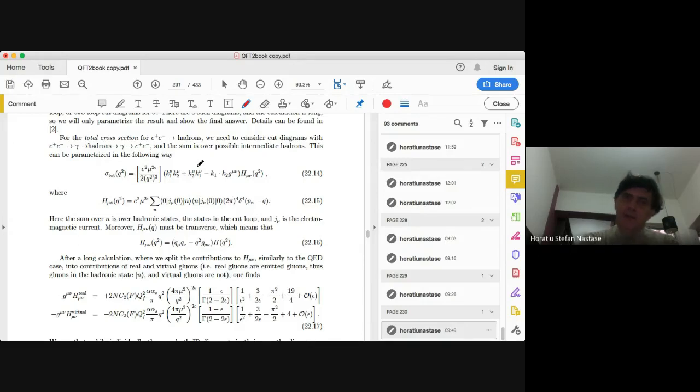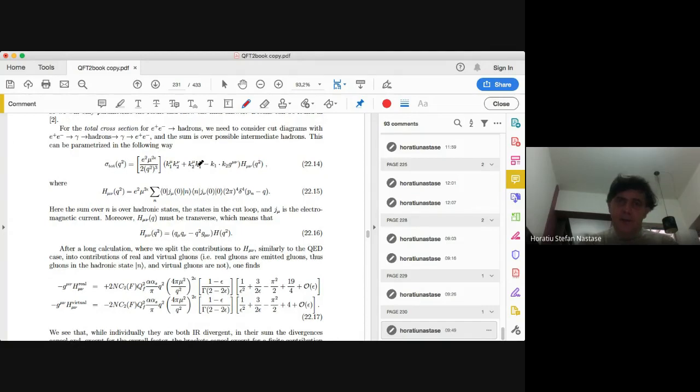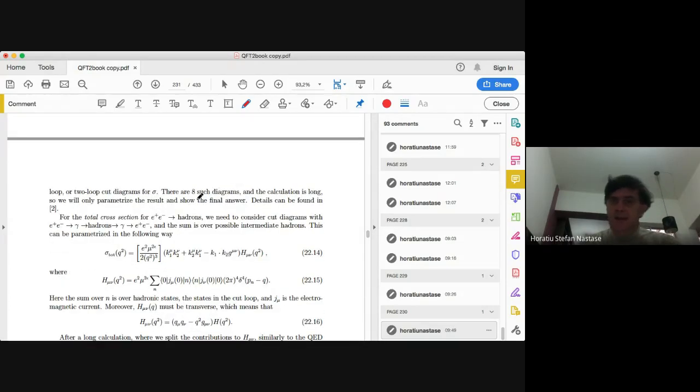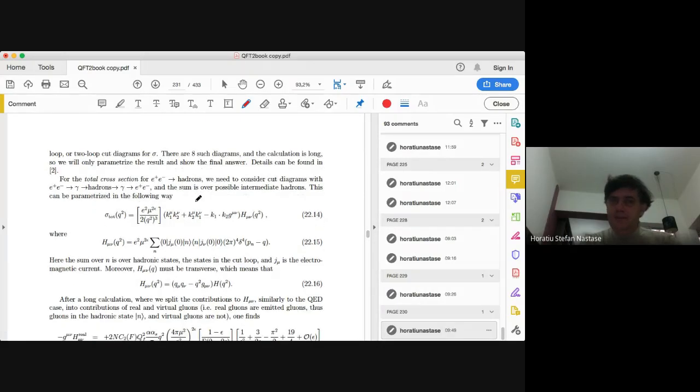So let's try to understand the parameterization of the final result. As I said, the 1 loop, 2 loop, and so on are complicated already because of QCD. There are many diagrams. It's not worth doing this calculation at this level. But let's just understand the structure of the thing.